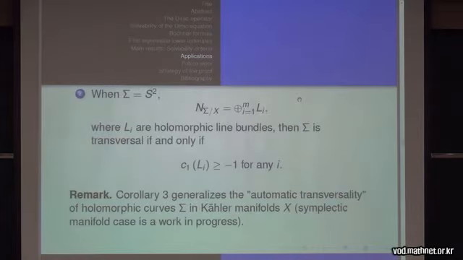And the second, we can compare with Micallef's result.